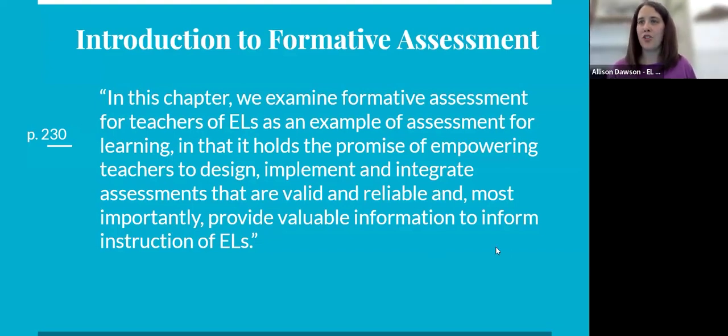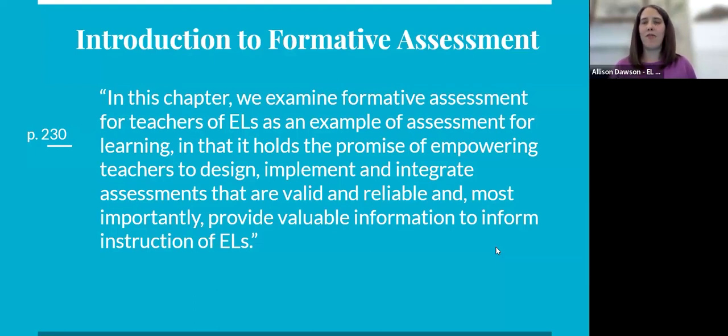And I really appreciated this quote from the introduction. It says, in this chapter, we examine formative assessment for teachers of English learners as an example of assessment for learning, and that it holds the promise of empowering teachers to design, implement, and integrate assessments that are valid and reliable, and most importantly, provide valuable information to inform instructions of ELs.